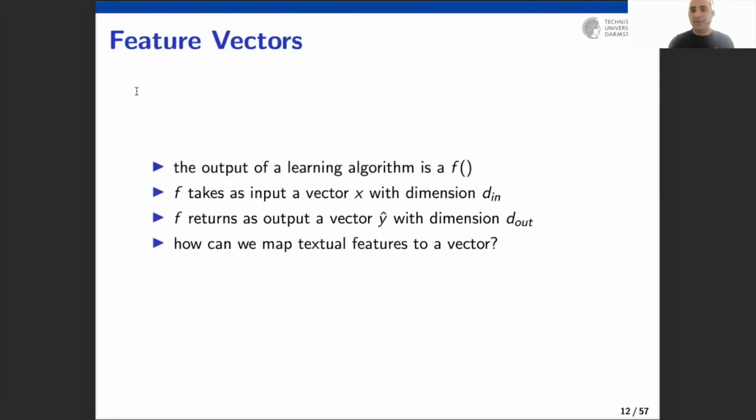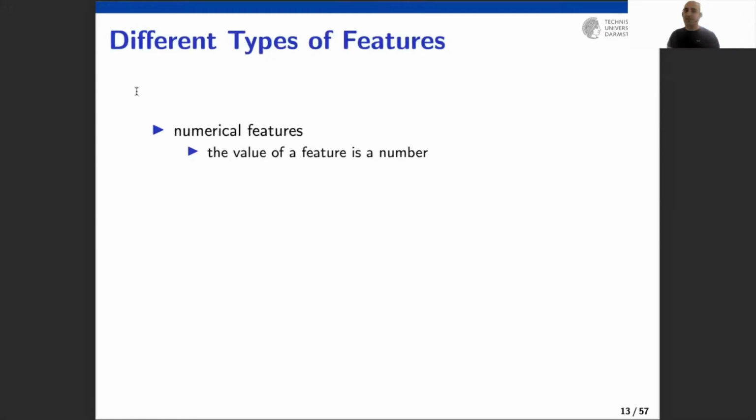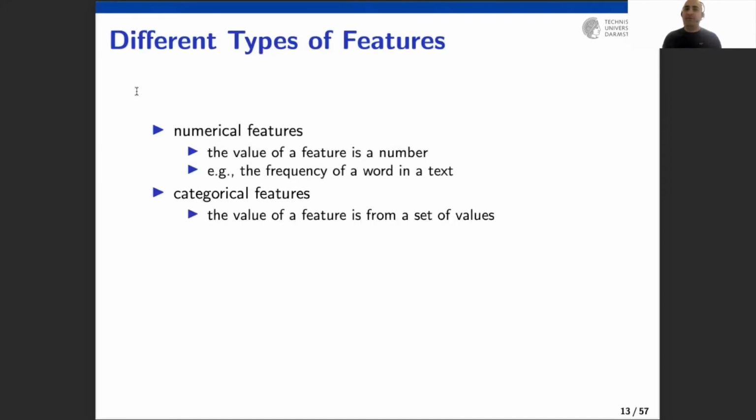We discussed that we can define different types of features. Usually we can have numerical features that map a text to a numerical value. For example, the bag of words algorithm maps a piece of text to a vector of numbers, where each number shows how often a word occurs in the text. The second category of features is categorical features. In this set, the value of a feature is from a set of values.